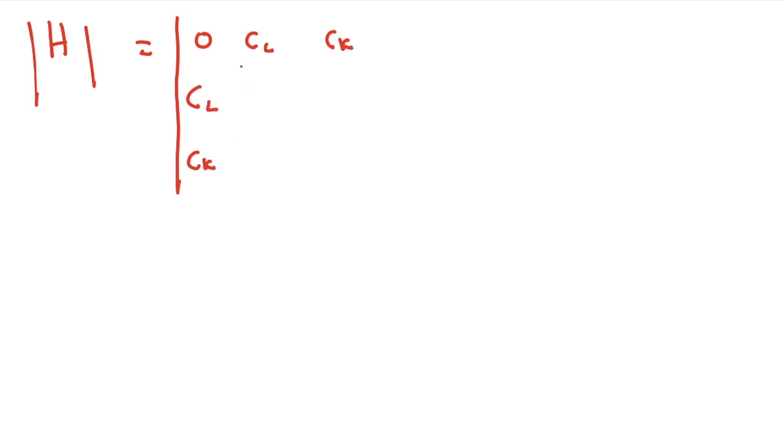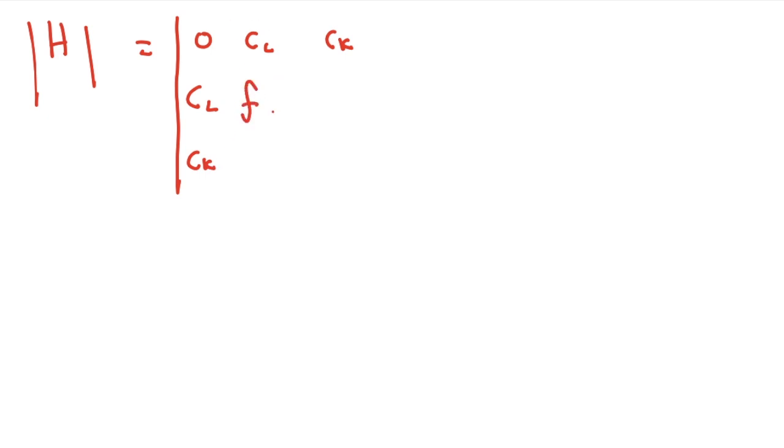Recall, the bordered Hessian is given by this. So let's say we have this 0 here, and then you have CL, the first derivative of the cost function with respect to L, and then the first derivative of the cost function with respect to K, capital. So here, CL, CK.